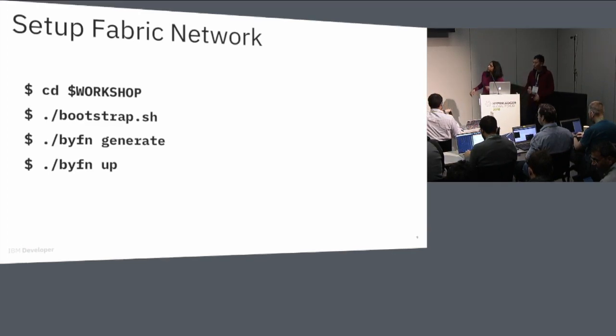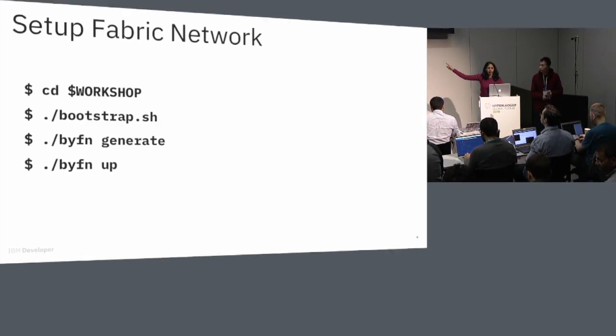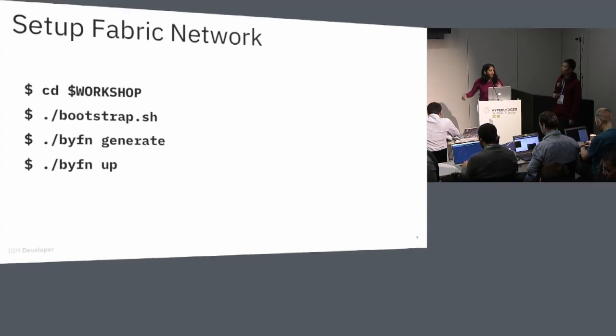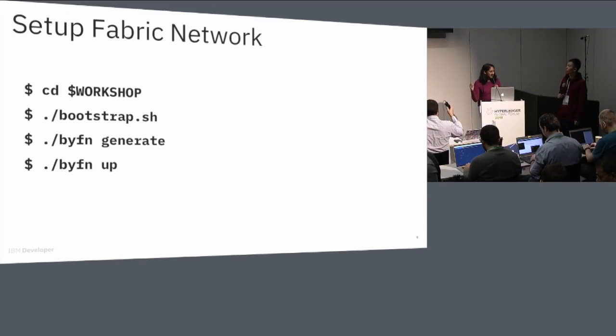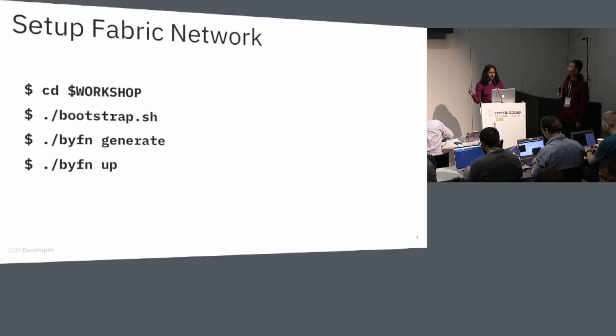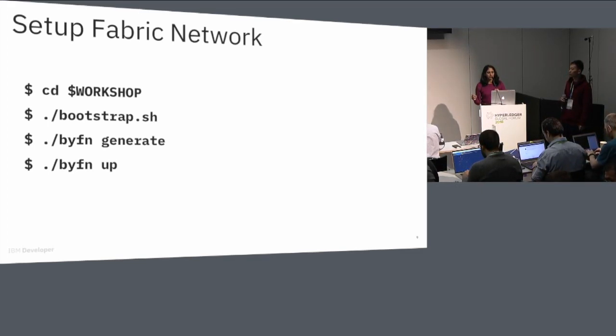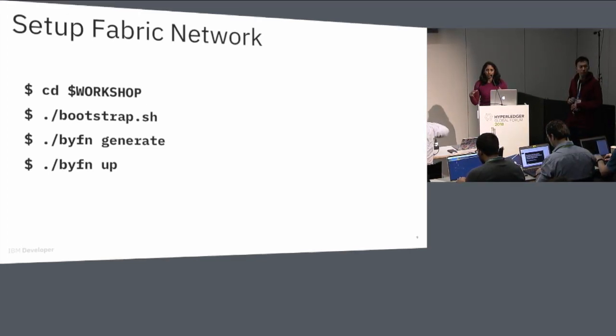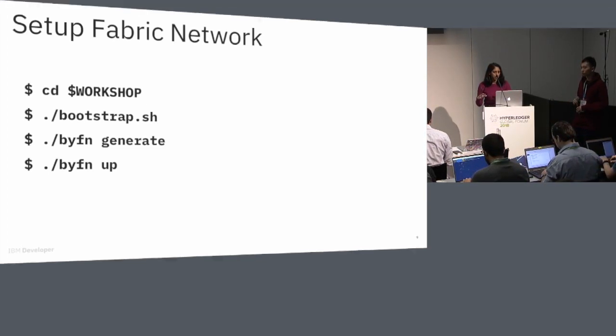So this is another step where we're going to download a lot of stuff. If you can get here as quickly as possible, I mean, you can't control that, go to the workshop directory, and then we have a bootstrap script, which is basically going to download all the Fabric images that you need to run a local Fabric network for the first part.